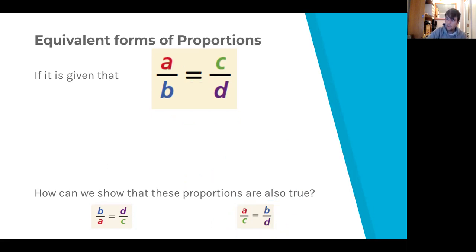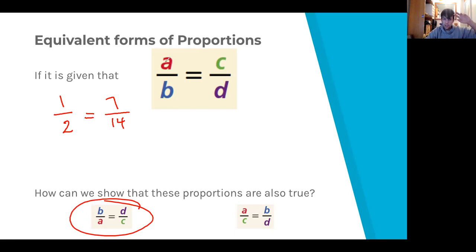Let's actually examine how this works with some real numbers. Let's set up a proportion, two equal ratios. Let's say we had 1 over 2 equals 7 over 14. Hopefully we can agree that these two are equivalent. 1/2 and 7 out of 14 are equal ratios. This property basically says to flip these things.